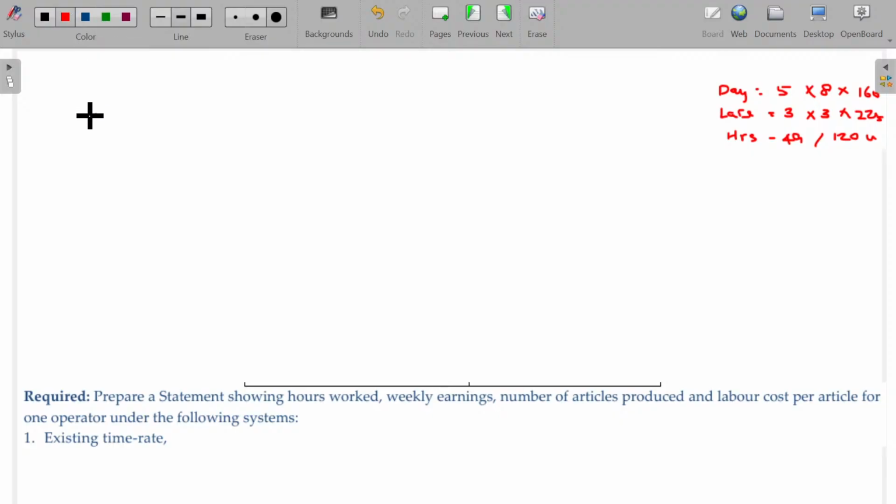Now, existing case. What is the hours worked? 49 hours. Units produced. How many units currently produced? 120 units. What are the wages?